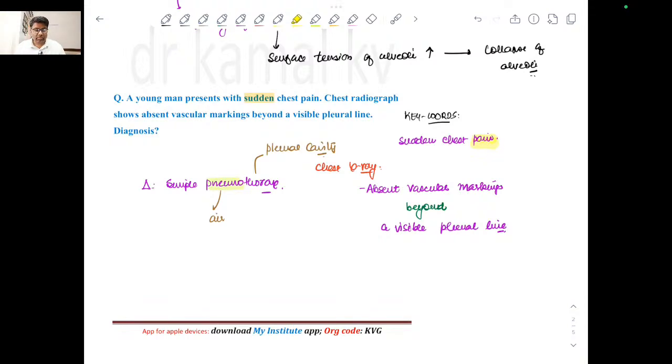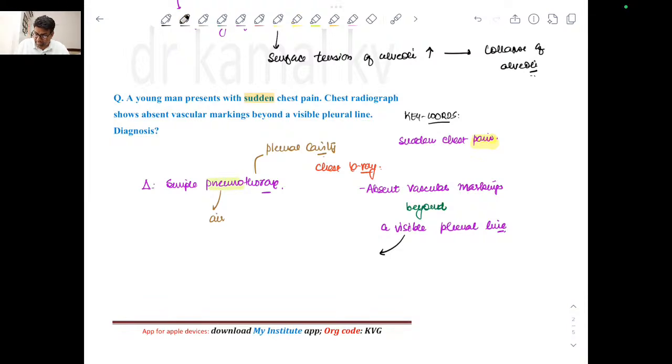Now some students might have this tendency to jump onto tension pneumothorax. So the moment they find anything related to pneumothorax, they think that it is tension pneumothorax. But here you have to be very cautious. This kind of presentation is not tension pneumothorax, it is simple pneumothorax, right? So please be careful.